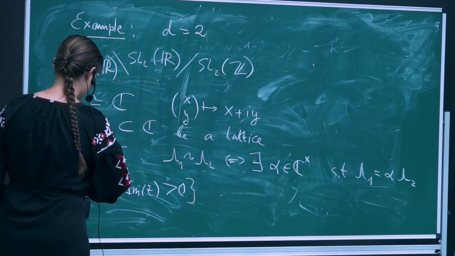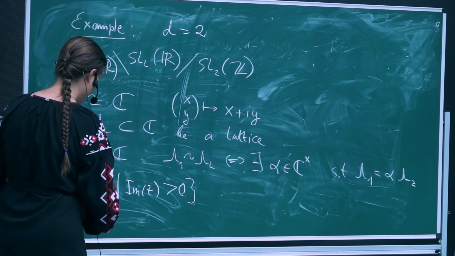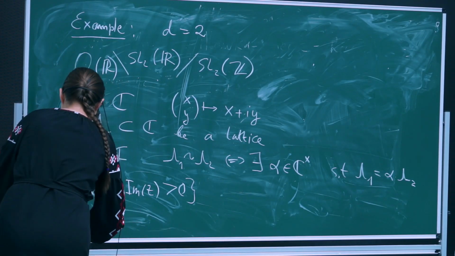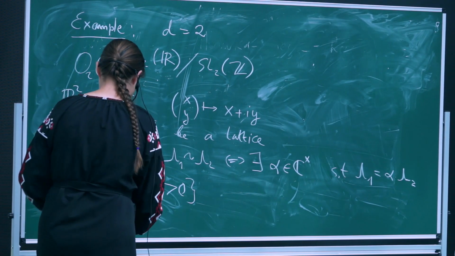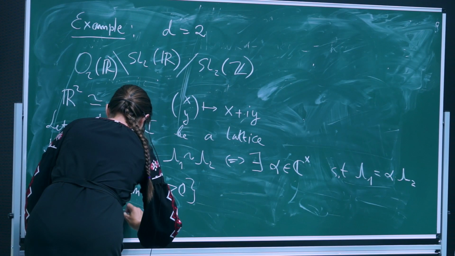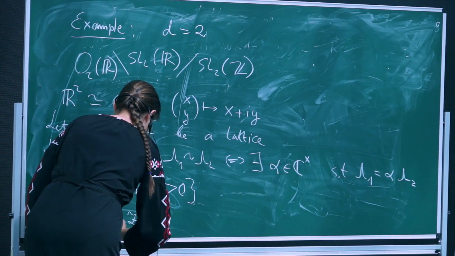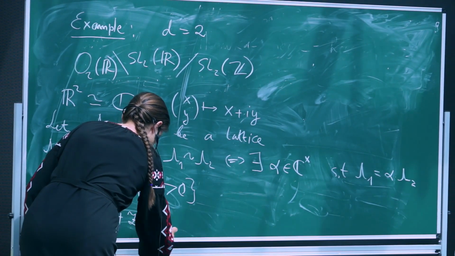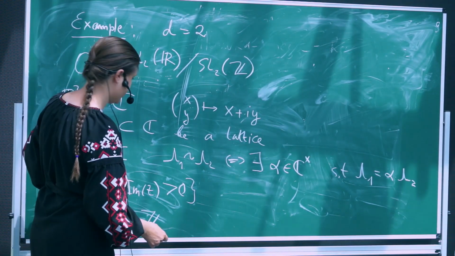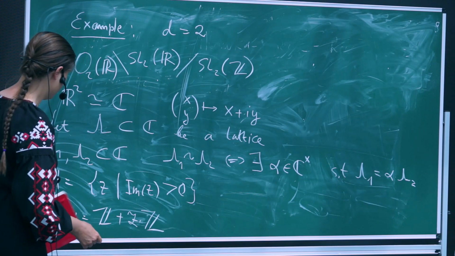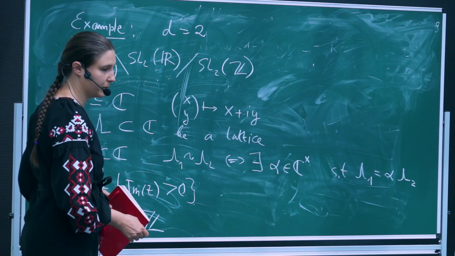For each point z in the upper half plane, we can define a special lattice, lambda_z, the lattice Z plus z times Z, again with integers. So it's a lattice which is generated by 1 and z, if you think of them as complex numbers.